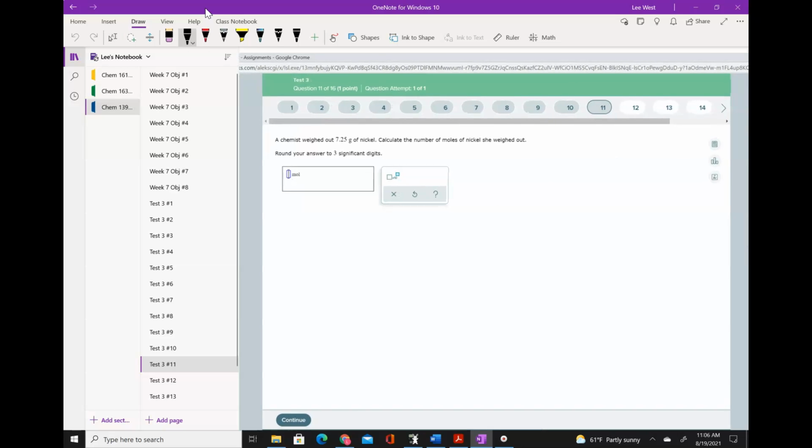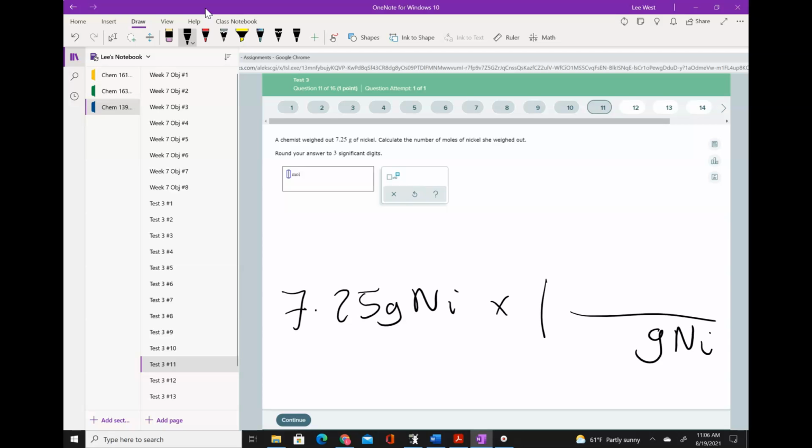Okay, a chemist weighed out 7.25 grams of nickel. Calculate the number of moles of nickel that she weighed out. That's not too bad. 7.25 grams of nickel, multiply it by the conversion factor that has grams of nickel on the bottom and moles of nickel on the top. That's what we call the molar mass.